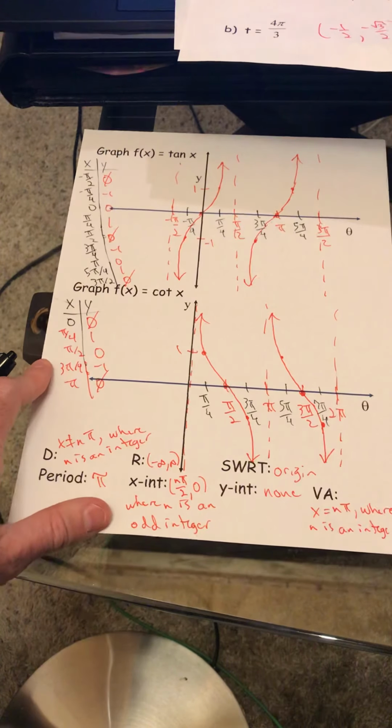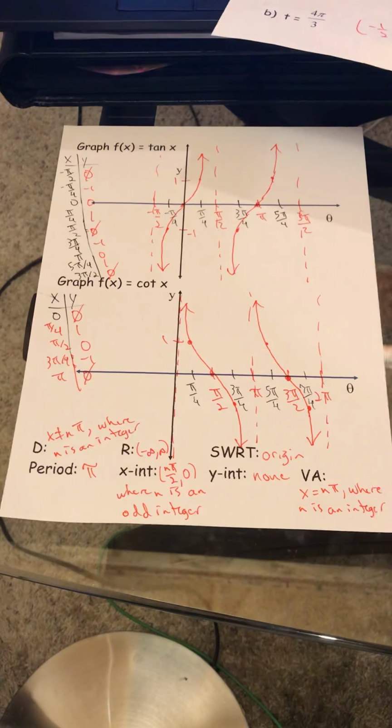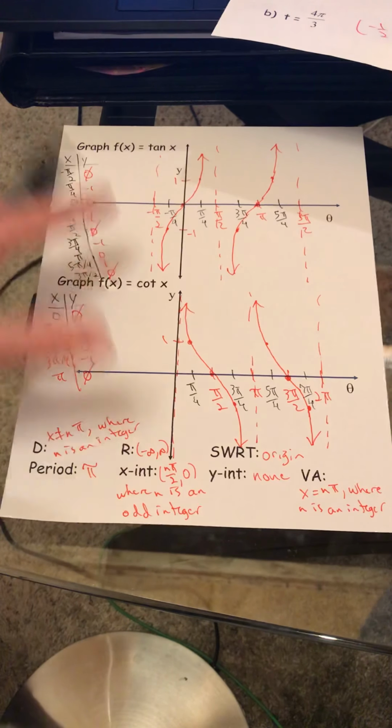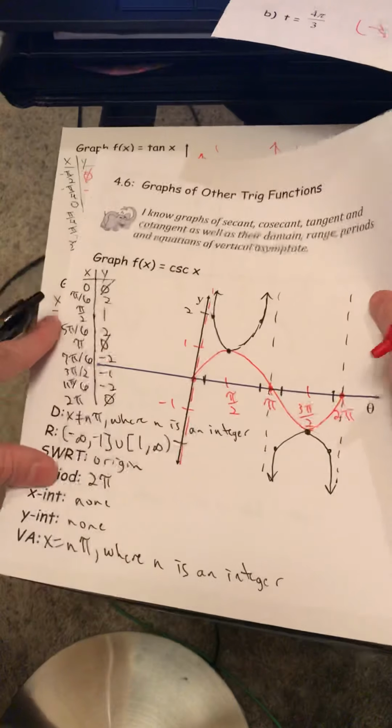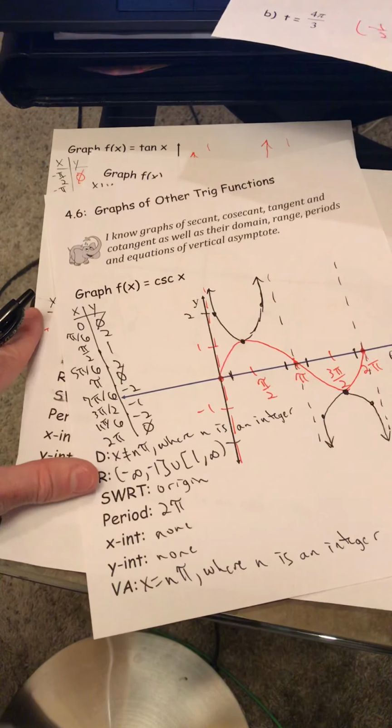So this completes the graphing of all 6 trig functions. Again, the 2 that we actually ask you to do a lot with are sine and cosine. Tangent and cotangent, you need to be able to certainly recognize those. Same thing with cosecant and secant. But again, that completes everything out of 4.6.